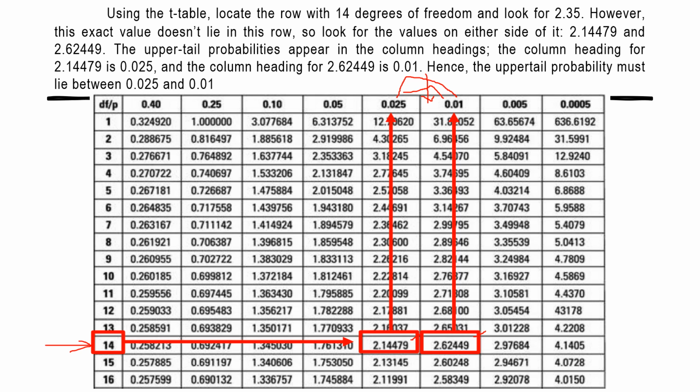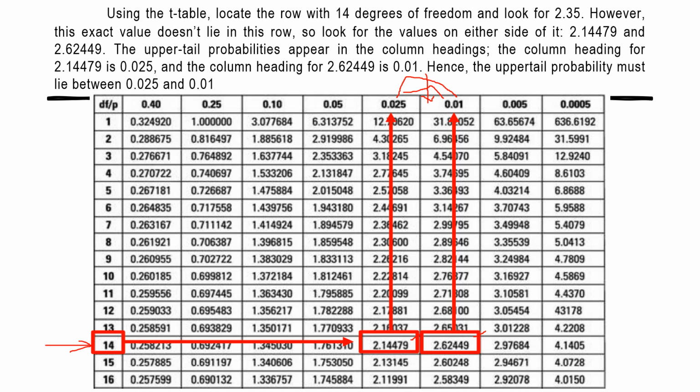Your computed t-value should be greater than or less than your critical value for us to reject your null hypothesis. Because if your computed value falls in the rejection region, then we reject your null hypothesis.